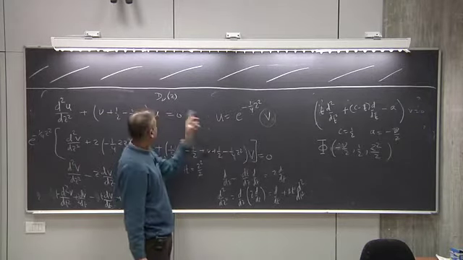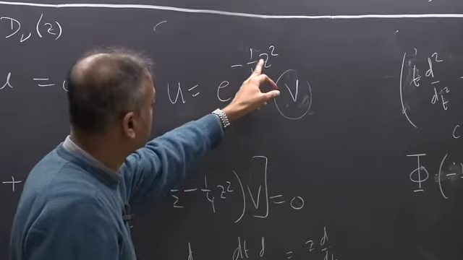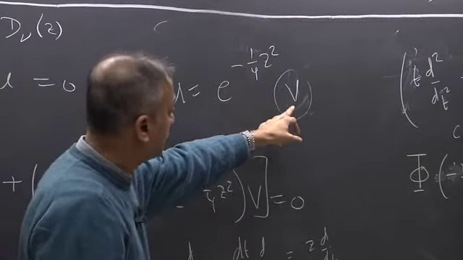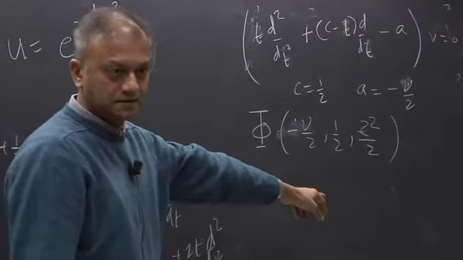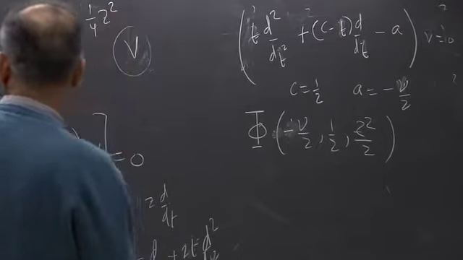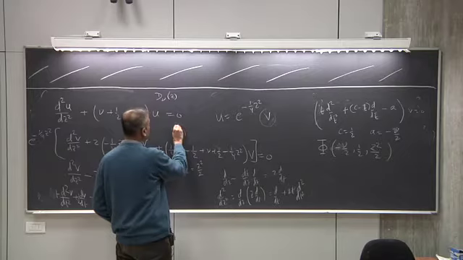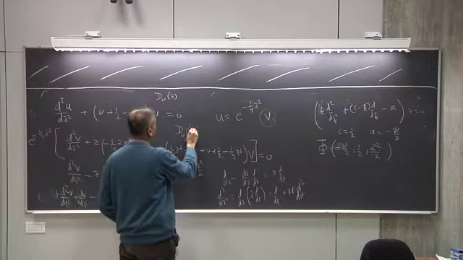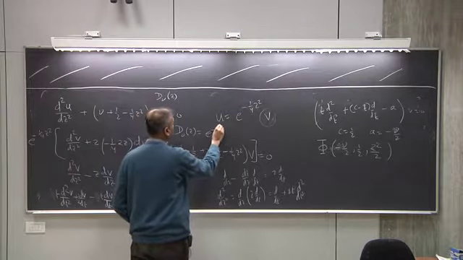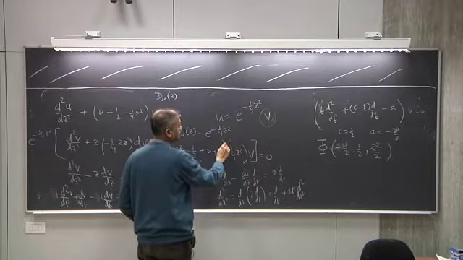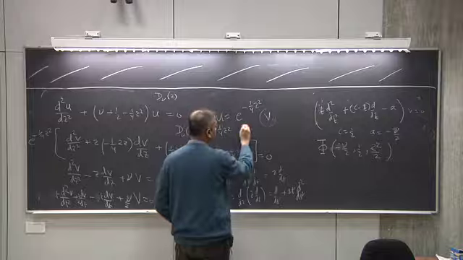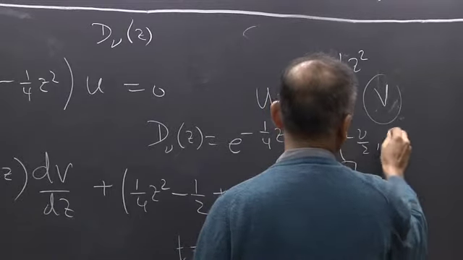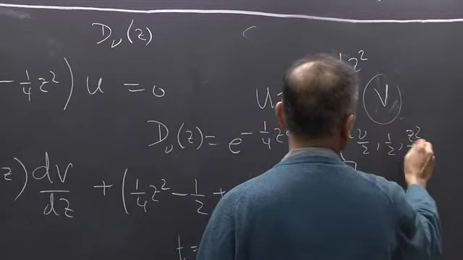So D nu is e to the minus 1/4 z square times v, where v is given by that. So finally we conclude that D nu of z is simply e to the minus 1/4 z square times phi of minus nu by 2, 1/2, z square by 2.